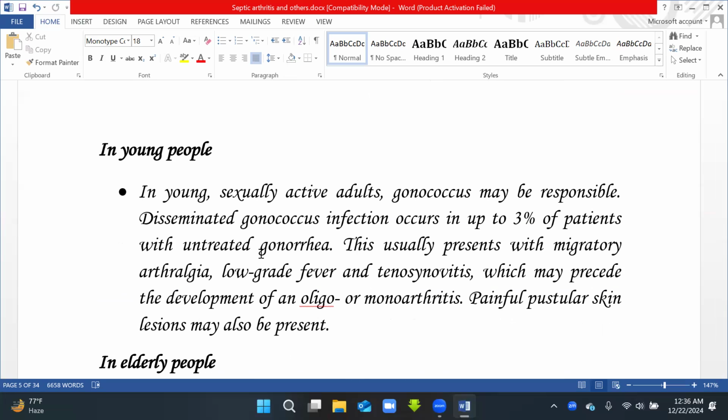This usually presents with migratory arthralgia with low-grade fever and tenosynovitis, which may progress to the development of oligo or monoarthritis, that is, one joint being inflamed. And also, it presents among these young people with painful pustular skin lesions to prove that it is of bacterial origin. This might also be seen.